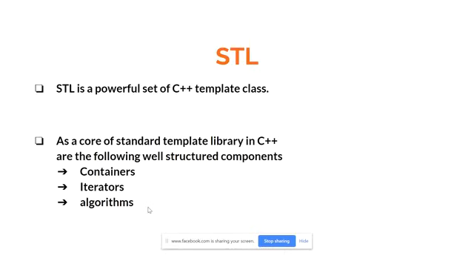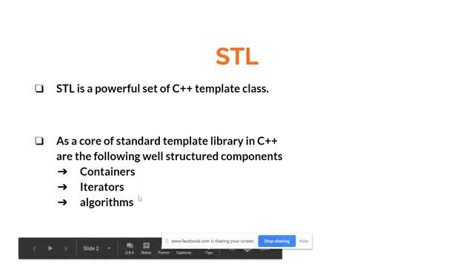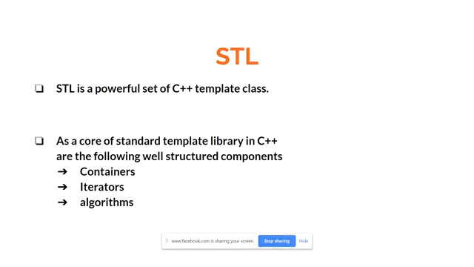By containers, what we mean is something that is going to contain your values. Suppose you have an array that is going to contain the values that you provide. We'll look more into it. What algorithm means here is basically not the algorithm that you study in DSA. By algorithms, what we mean is, like you must have studied in Python that there is a direct function to sort a list.